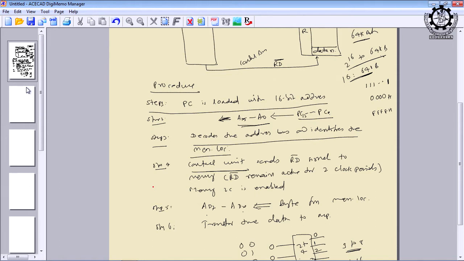And how this is possible, we shall see. Initially it will be holding the address, because unless you have the 16-bit address, we cannot identify a memory location. Therefore, A0 to A15 completely will be addressed for a particular point of time when the memory location is to be identified.